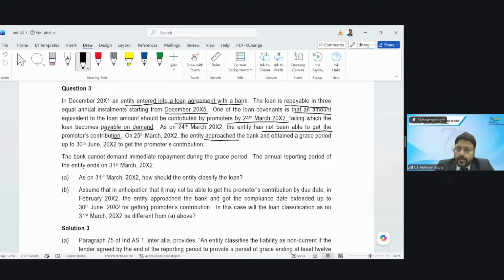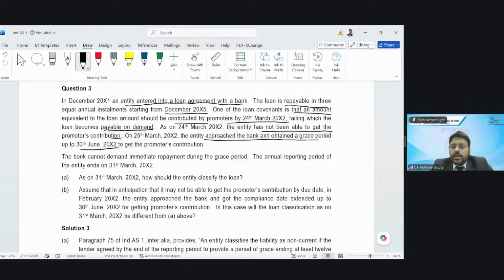the entity approached the bank and obtained a grace period until 30th June 2002 to get the promoter's contribution done. Right. So, on failing this covenant on 24th March, the entity met the bank officials, discussed the plan and way forward, and agreed upon some grace period to be allowed, and the bank allowed.